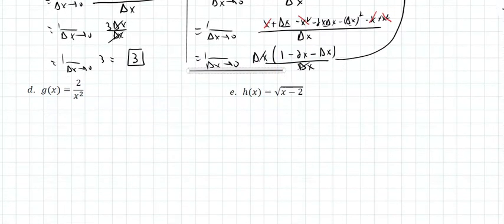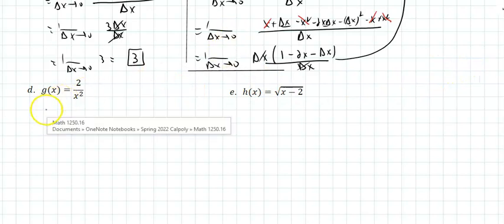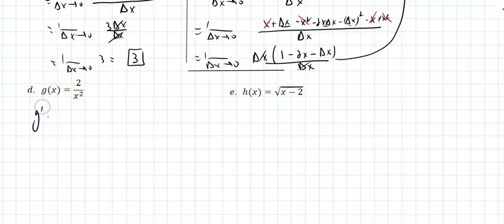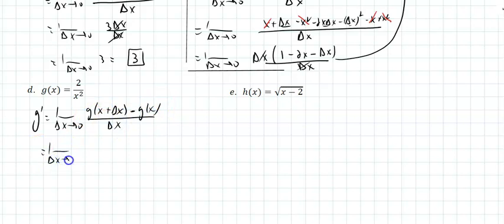Two more examples, so that's going to match your homework. Here, I want to figure out what the derivative is. In this case, that's the limit as delta x approaches 0 of g of x plus delta x minus g of x all over delta x. So the denominator is the same. This piece is right there.